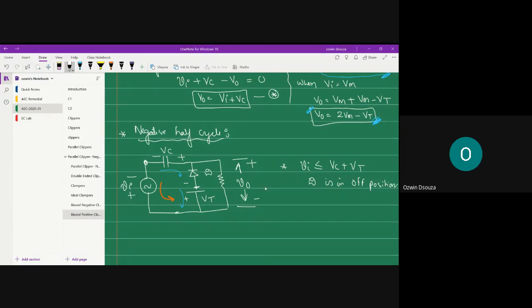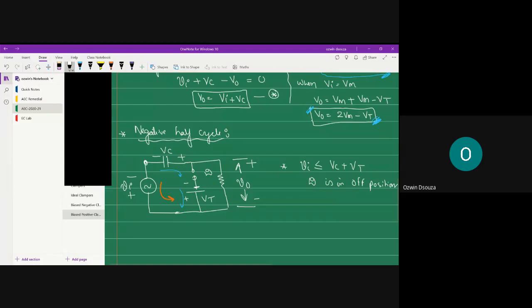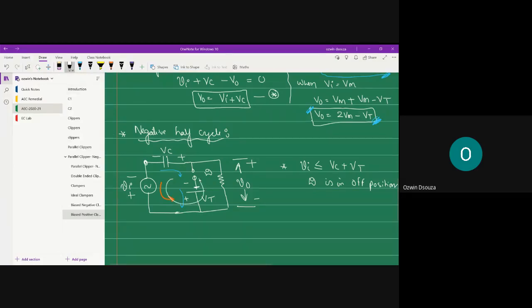So you can open up the diode terminals, and you can apply the KVL in the anti-clockwise direction.